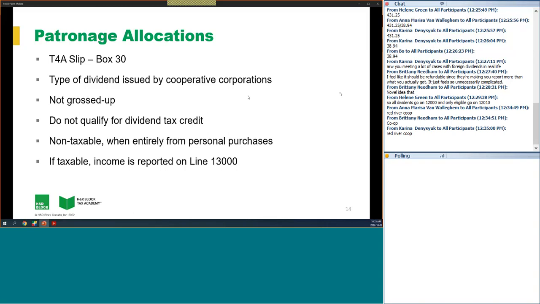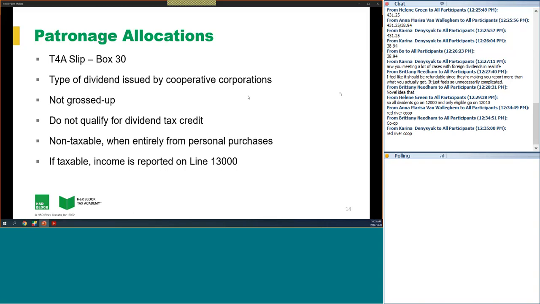Okay? If you have a client who is self-employed, they might be using that co-op in order to do things for their business. In that case, it would be taxable. So people who are using the co-op for business purposes will have to put that on line 13000. Everybody else, everyone who's using it just for personal use, it's not taxable.